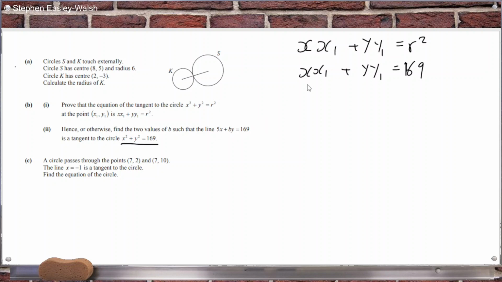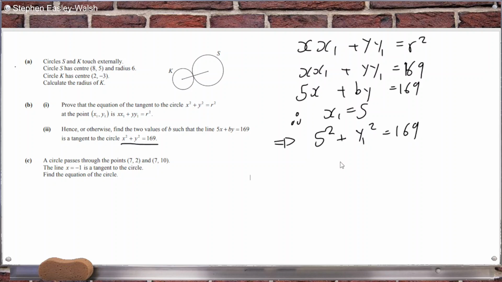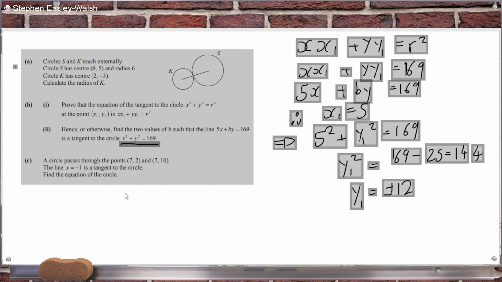And they have the equation 5x plus by equals 169. So therefore x1 is 5. To solve for y1, it must be true that 5 squared plus y1 squared is 169. So y1 squared is 169 minus 25, which is 144. That means y1 equals plus or minus 12. So I think that's okay. And two values of b.